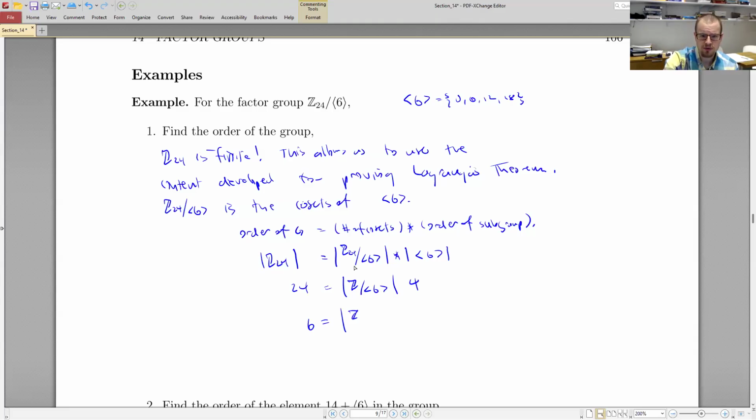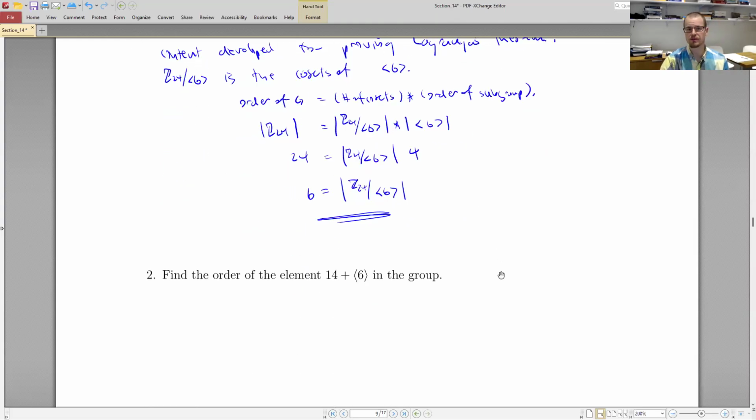Oops, I missed my 24 here. Z24. The order of this group is exactly 6. Okay, the number of cosets is exactly 6. That's what we were looking for, and we can perform that computation because Z24 is finite. And again, that's content that we developed in our discussion leading up to Lagrange's theorem.